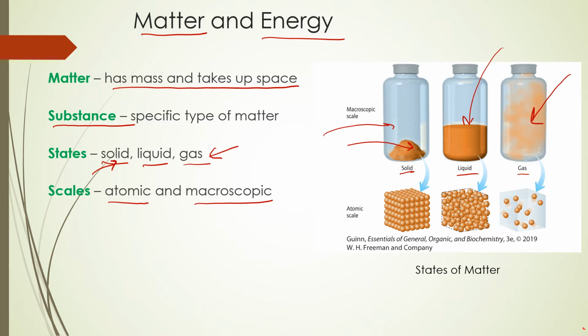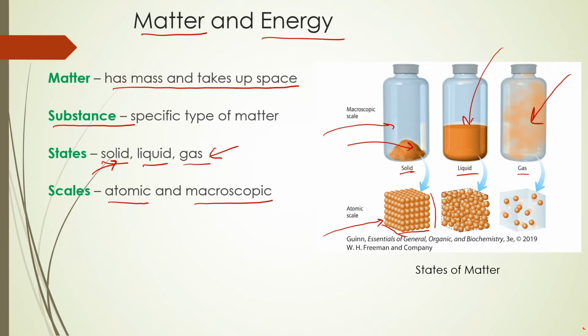Now, evidences have shown that at atomic scale, in solid state, all these tiny particles are closely packed together, and they are held together with strong interactions, hence they cannot move. Now, because they cannot move, that's why at macroscopic level we observe solid as a substance which has a definite shape and its volume does not change.